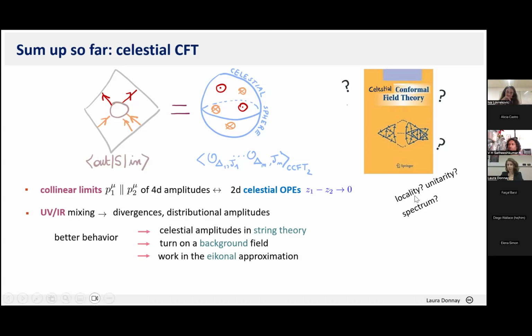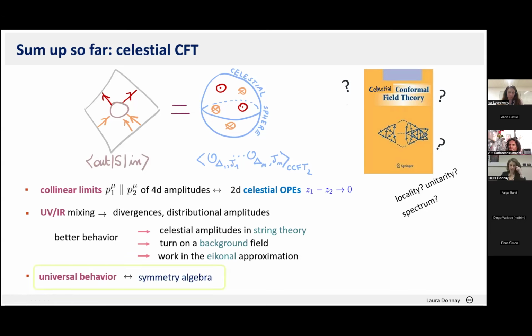In the case of celestial CFT, we don't really know what the spectrum of operators is, because we don't understand what is the minimal set of deltas that we need to take into account. Clearly, taking any complex delta is too much. So we had better understand exactly what minimal spectrum we need to describe this theory. These are open questions at the moment.